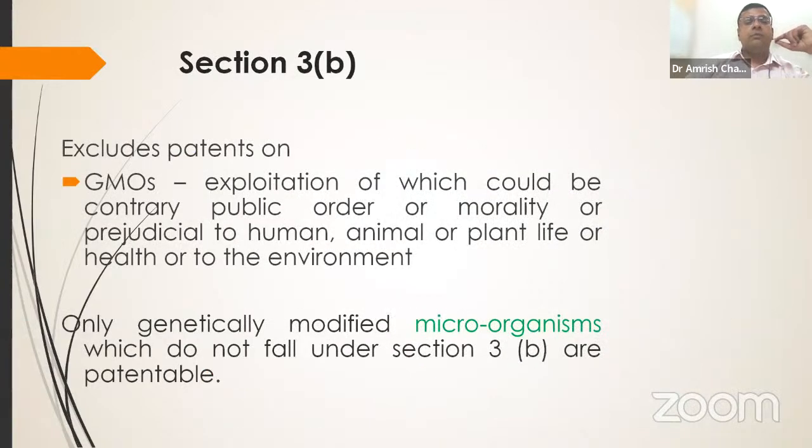Similarly, if you make some genetically modified organisms, such things will also not be patentable, except for microbes. Microbes are allowed because they help in other things. But if you want to make a genetically modified plant or an organism or an animal, such things will not be patentable.